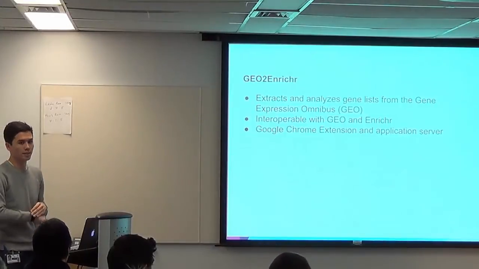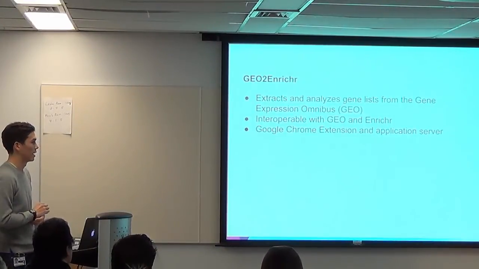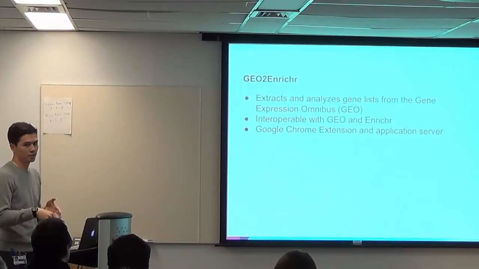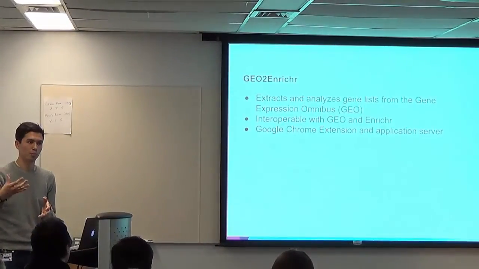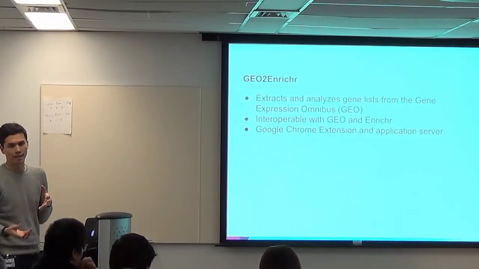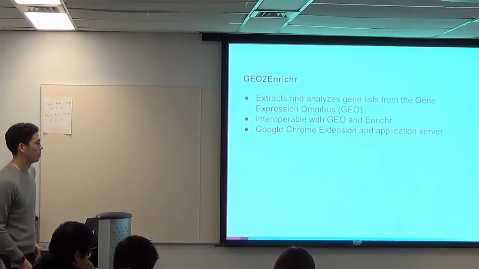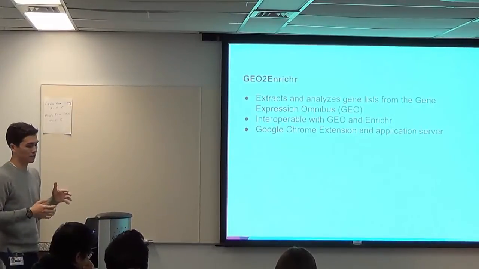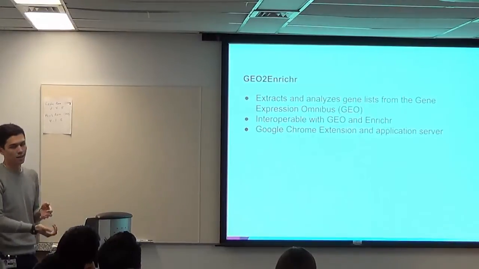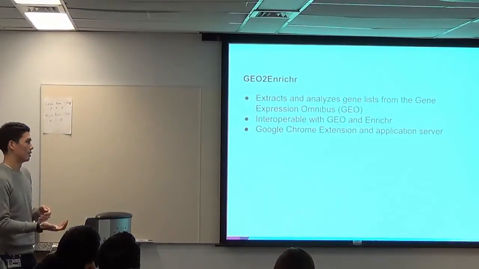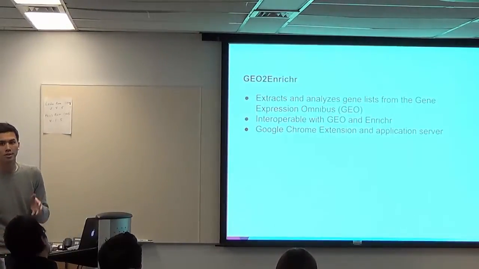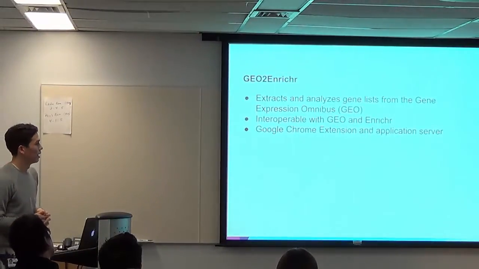It's a Google Chrome extension because it can't really live anywhere but GEO, since it adds functionality into the GEO pages. You install it and browse GEO in Chrome, and it'll add functionality into the page dynamically. Then it has an application server which does the downloading, data processing, normalizing the data if it needs to be, and identifying differentially expressed genes and then returning that to you.